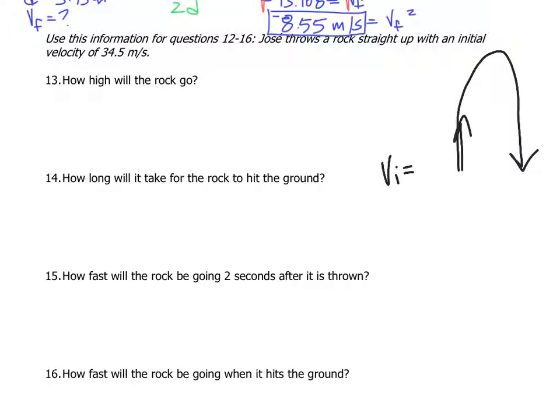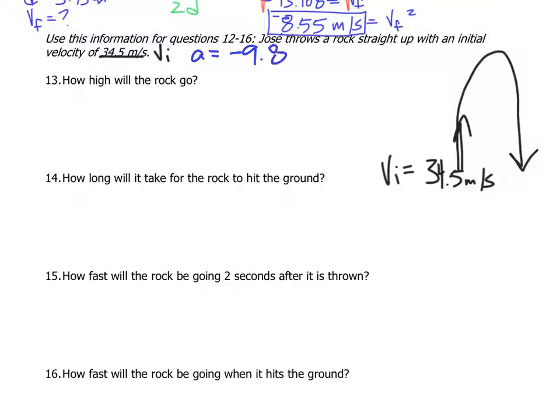Okay? And it doesn't tell me anything else, but I know that acceleration, gravity, is slowing it down on the way up and then speeding it up on the way down. So I also know gravity plays a part, so I also know A.